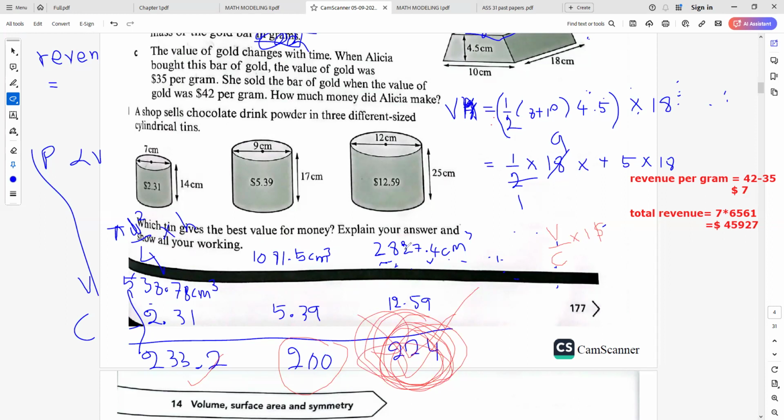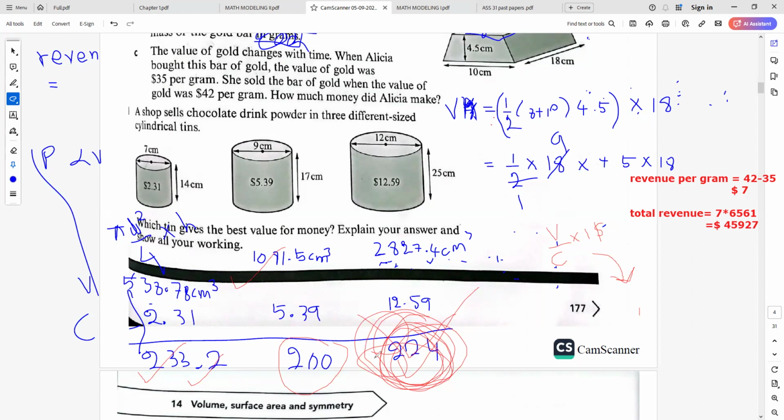Now, I hope you have understood how to find the answer. For finding the volume, you will be given some marks. Then for finding the ratio between volume and cost, you will get some marks. Then for the final conclusion, you will get some marks. Since we divided volume by cost, we get the volume per dollar: 233.2 milliliter from the first tin, 200 from the second, and 224 from the third.